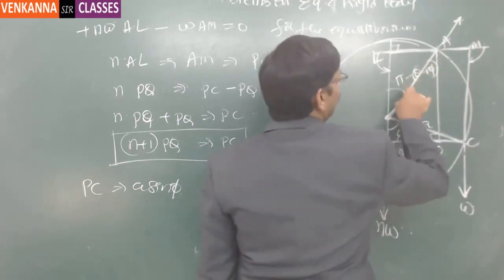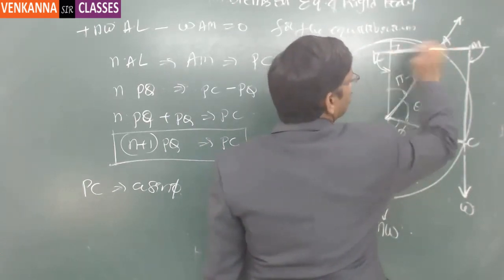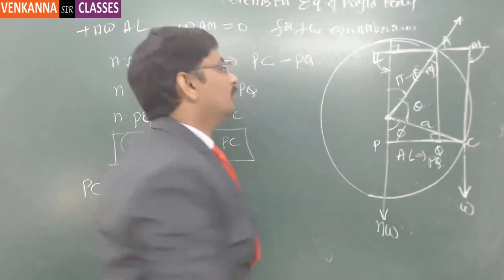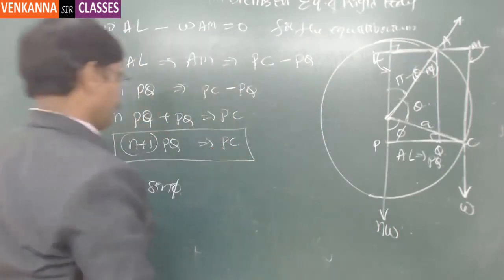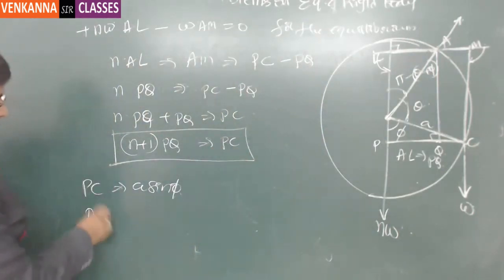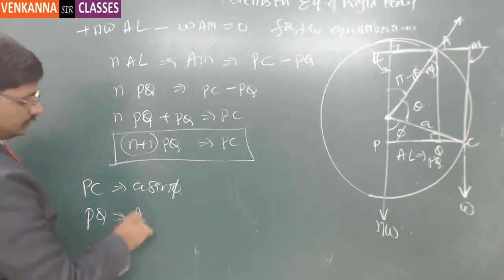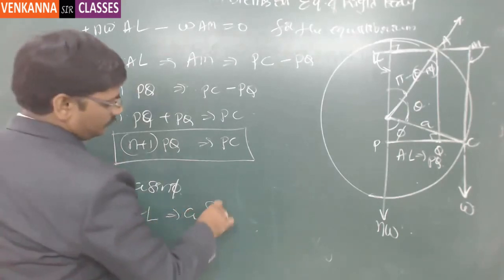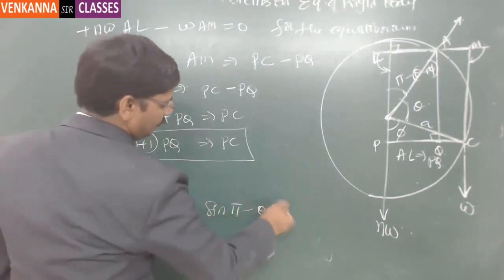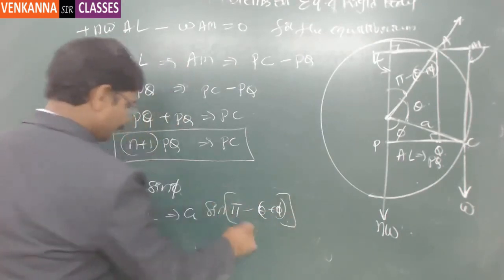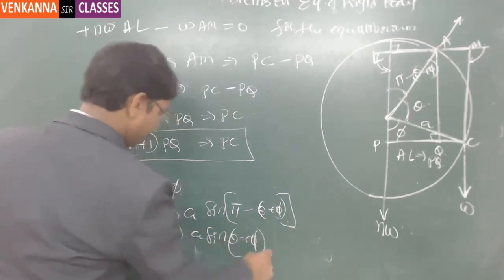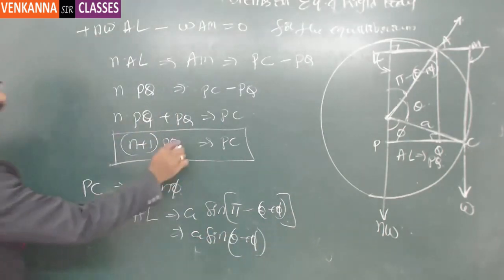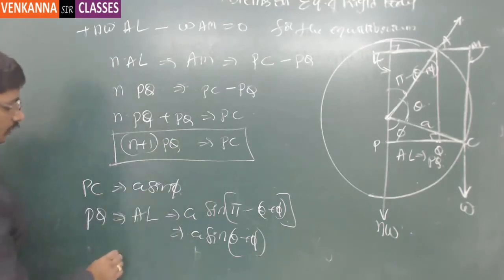So this is the horizontal component and this is the vertical component. So vertical component will be definitely equal to this length, right? So PQ is equal to A times of sine phi minus theta plus phi. So this is A sine theta plus phi. So if you substitute here in this particular equation, this is going to be n plus 1 times of PQ.